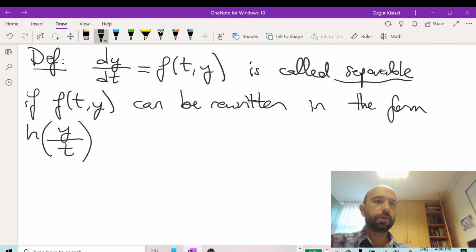Okay, such an f has to be really special. F is, in general, an arbitrary two-variable function, but h down here is a one-variable function, and that single variable is y over t. So only very, very special functions are of this form.